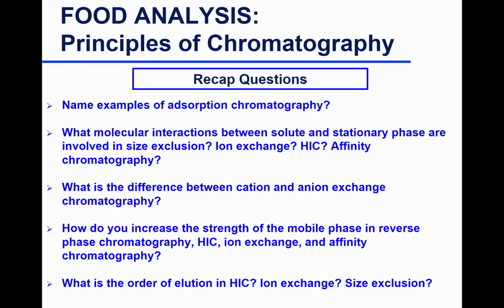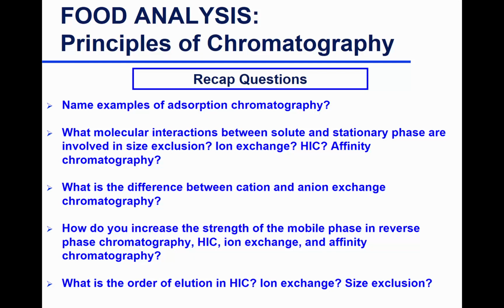In ion exchange, I can change two things. What can I change? It doesn't matter which direction of one of them. Basically you want to change the charge on your solute. If it's positive, you want to make it lose its positive charge. Or you want the charge of the stationary phase to be covered. So what would you do?